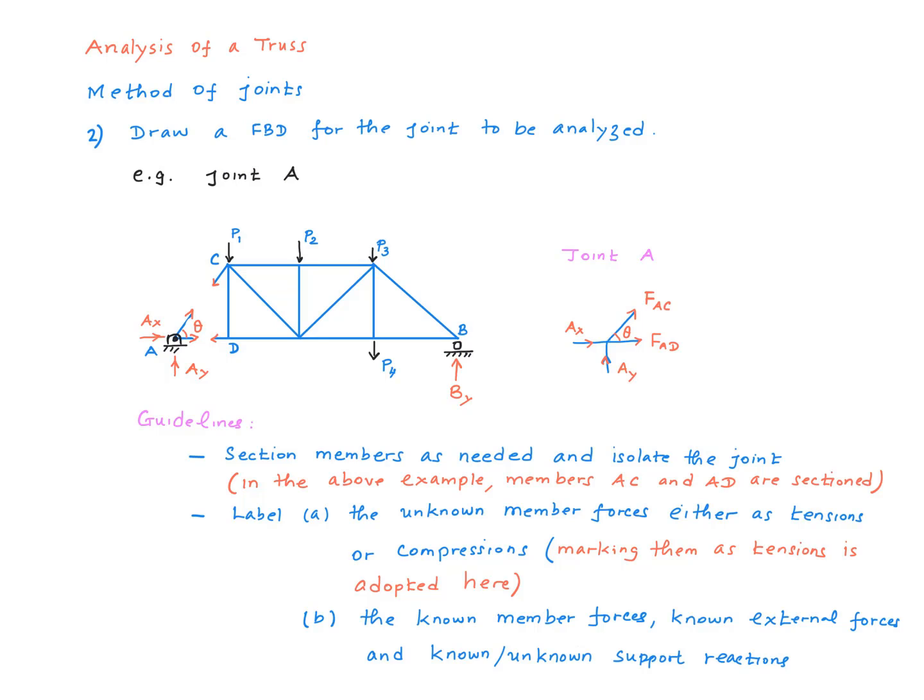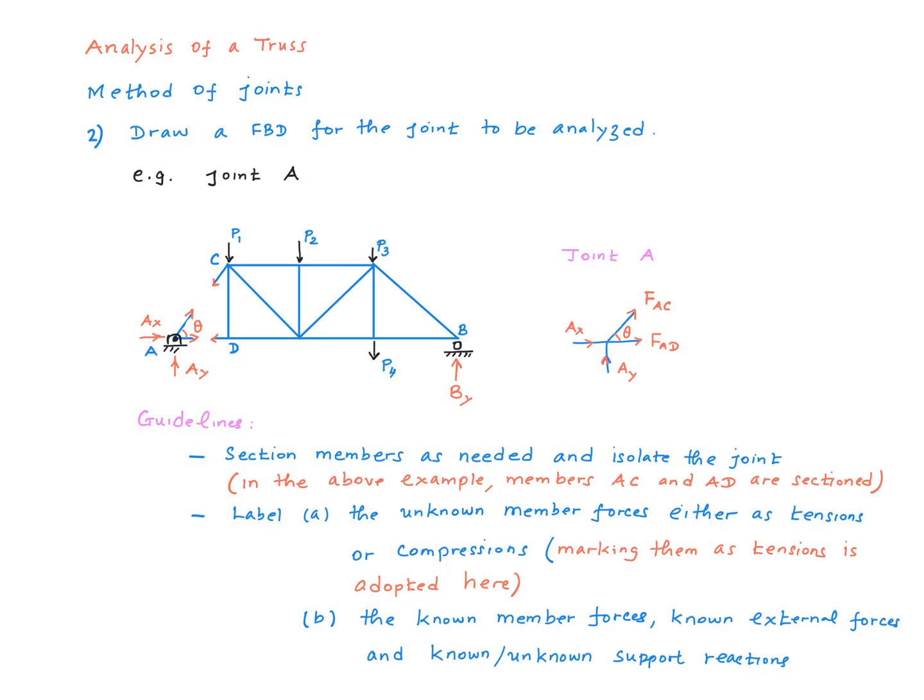So once we identify the joint that we want to start with, we want to isolate the joint from the rest of the structure and then draw a free body diagram for it. In isolating the joint from the remaining structure, you need to section the members that are connected to that joint. You mark and label those internal forces.